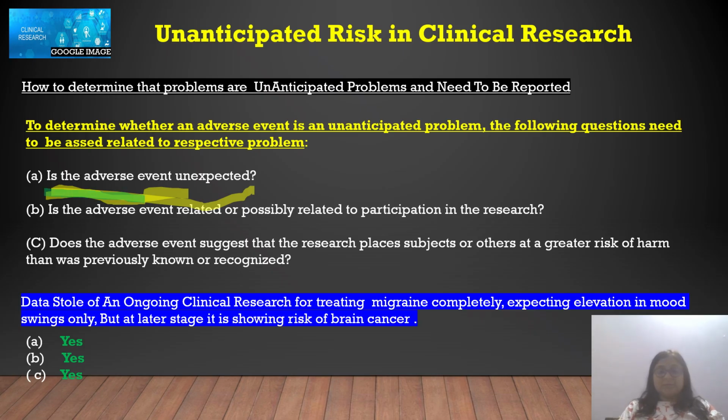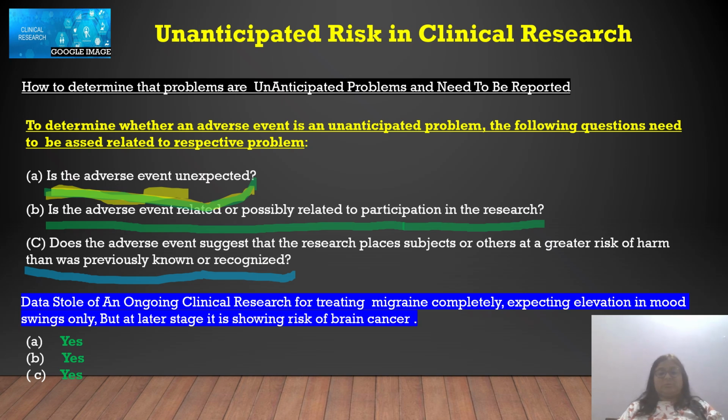Then second, we will see: is the adverse event related or possibly related to participation in the research? That means, was it related to the participants in research or was it different? Then third, does the adverse event suggest that the research placed subjects or others at a greater risk of harm than was previously known or recognized?